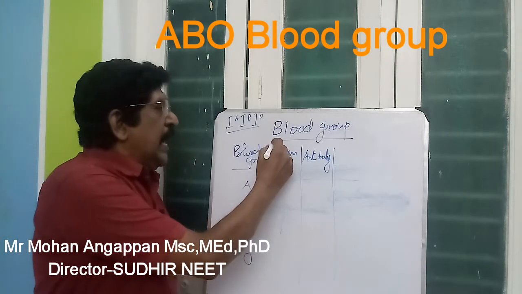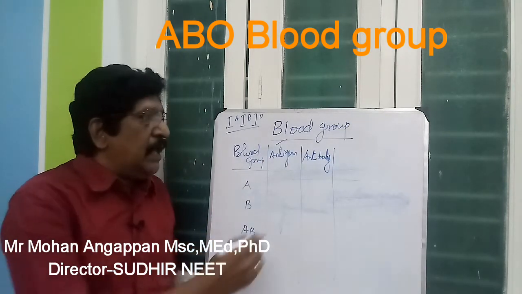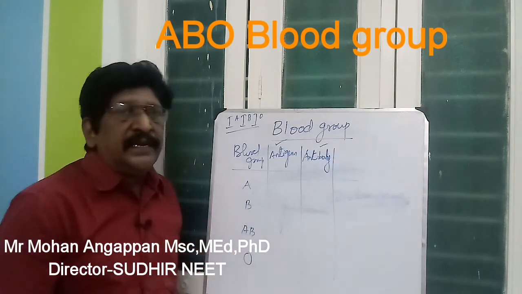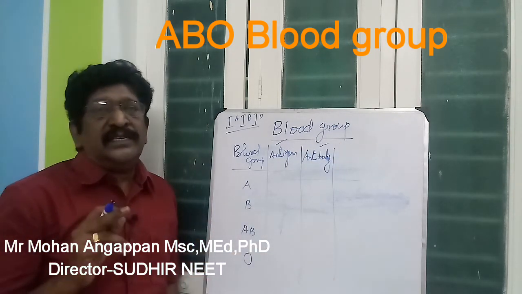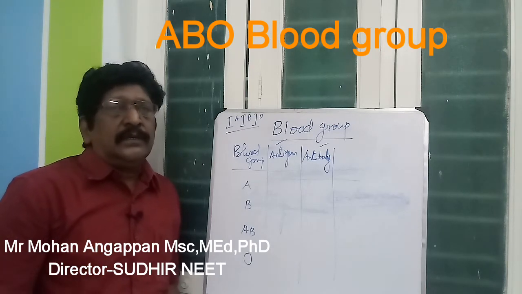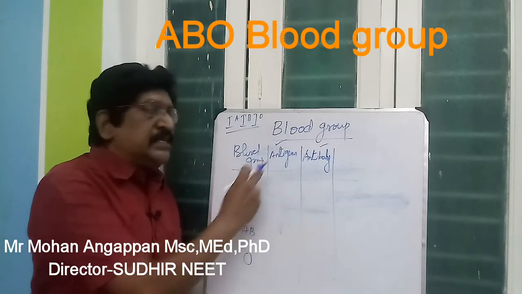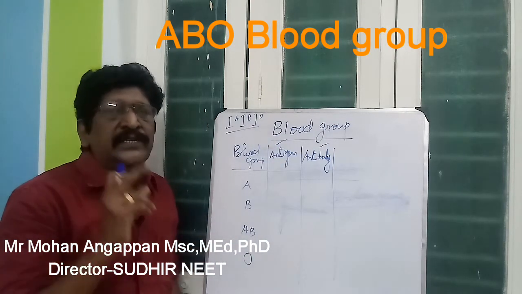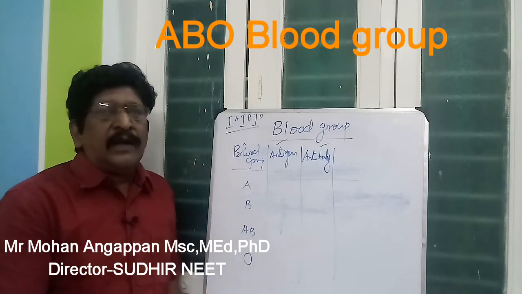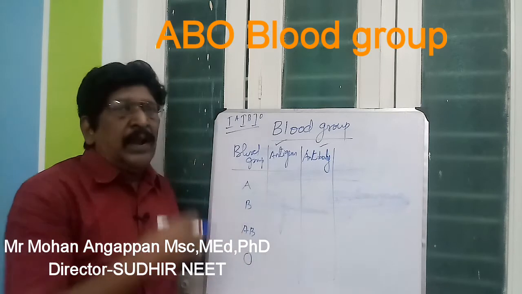Now, antigen is present in RBC, whereas antibody is present in the plasma. This is very, very important. Question may be asked. We should be very clear that the antigens are present on the surface of the RBC, whereas the antibodies are produced in the plasma serum.